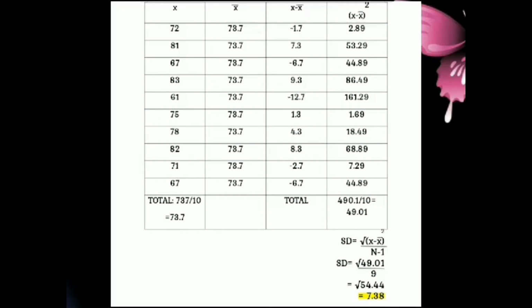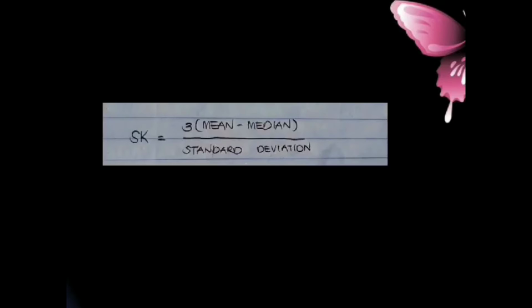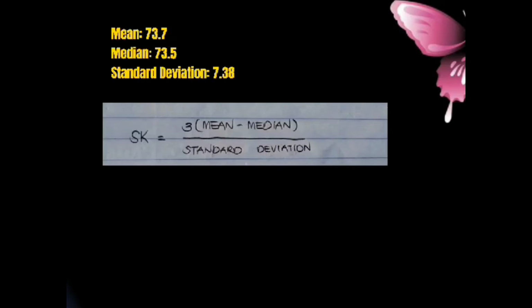To get the standard deviation, you can use the formula: standard deviation is equal to the square root of the sum of squared deviations from the mean over n minus 1, so that you can get the answer for the standard deviation, which is 7.38.